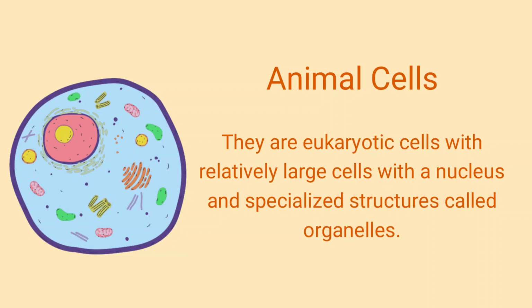In eukaryotic cells, all the cell organelles are present, and these are even bigger. Eukaryotic cells have a complex structure and are present in all human beings. Even human beings have eukaryotic cells.